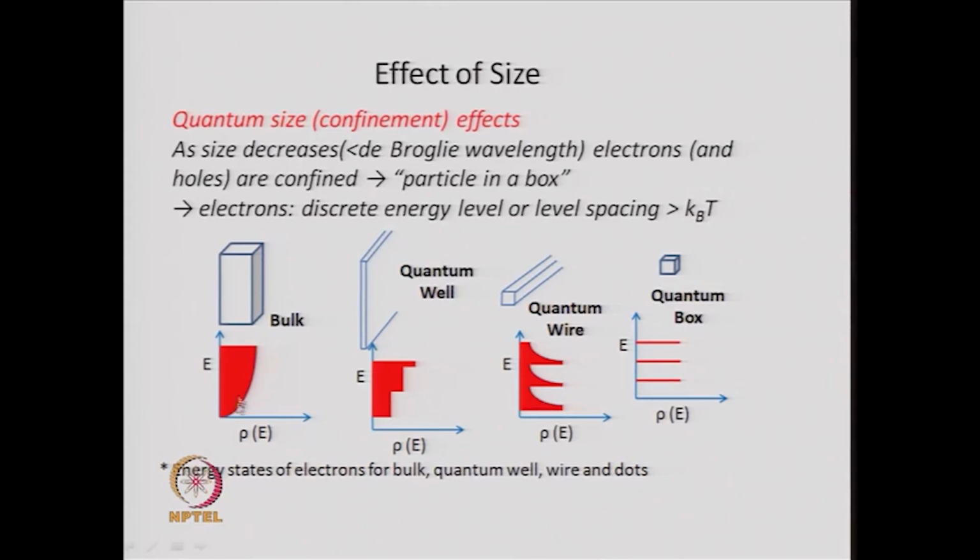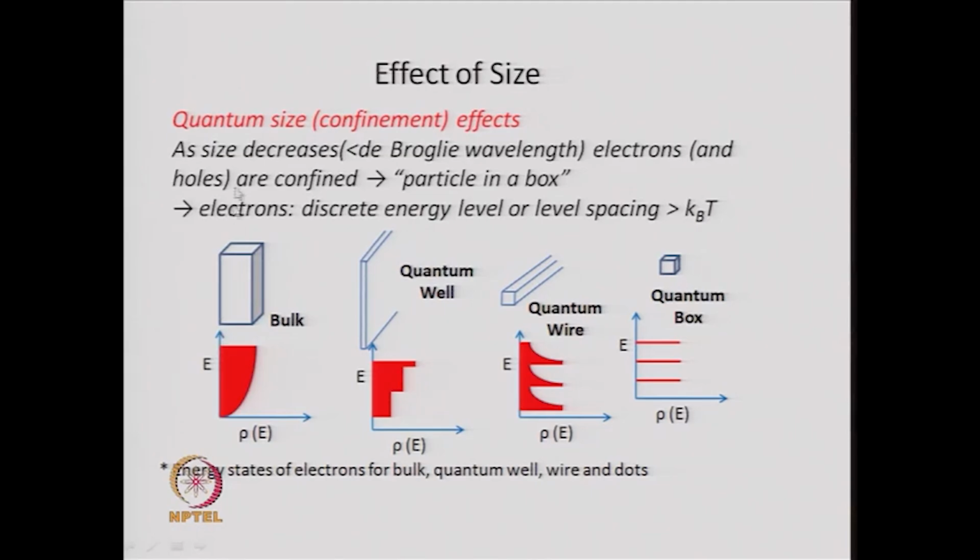Now, this is true for a bulk where you have filled electrons up till this value, okay. And in that case, that will be called the Fermi level. If you have electrons filled up till this level, then that energy is called the Fermi energy, and this is a density of states plot for a bulk material which has got 3 dimensions A, B and C large.